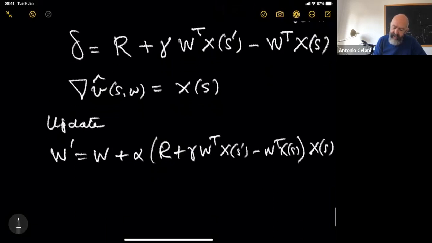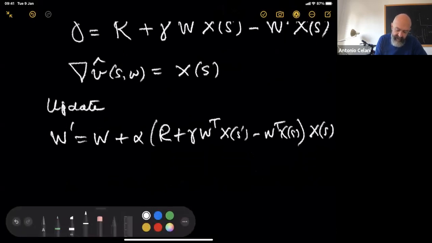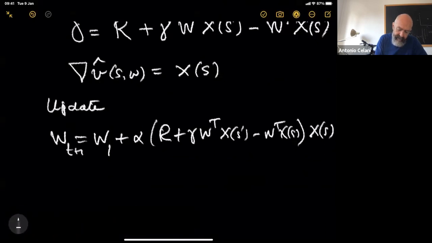Okay, so all these are the visited states. So being even more precise, I can put time indices. So this is going to be t plus 1, t plus 1. This is s t plus 1. This is s t, and this is s t.